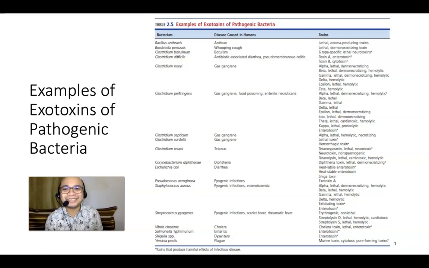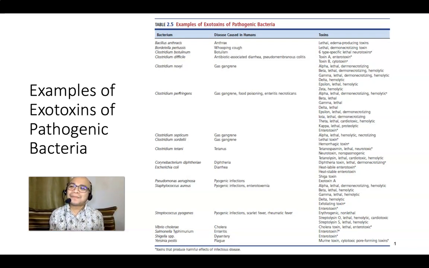Clostridium difficile, Clostridium novyi, Clostridium perfringens, Clostridium septicum, and Clostridium sordellii can cause gas gangrene, Clostridium tetani can cause tetanus, and Corynebacterium diphtheriae may cause diphtheria.